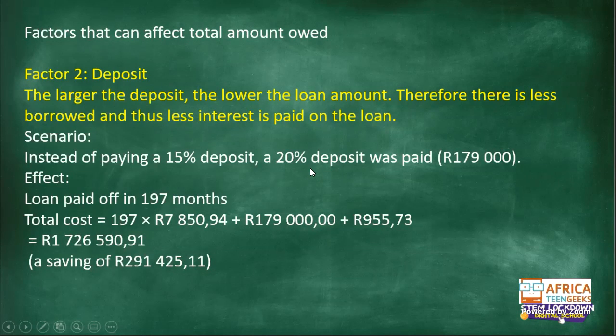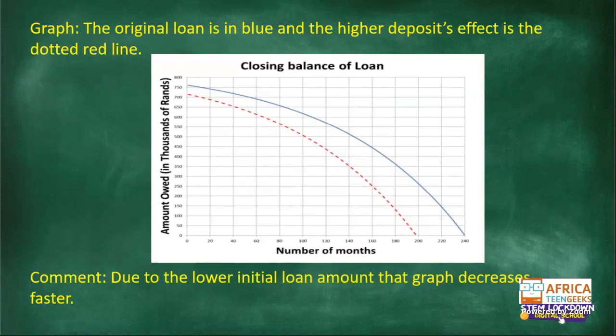So if you pay 20%, you simply multiply your total cost and you'll see that you will save 291,425. Once more, you can see that the closing balance on a loan, due to the lower initial loan amount, the graph will decrease faster.